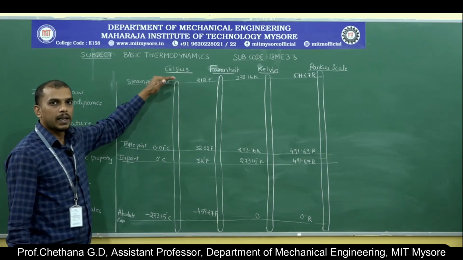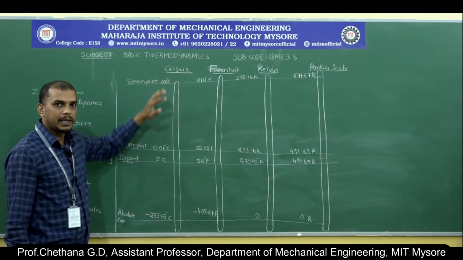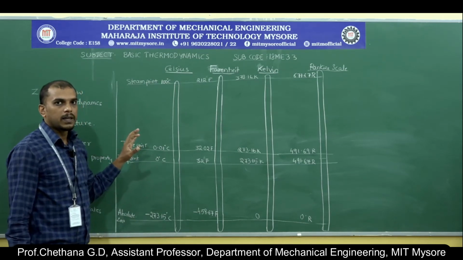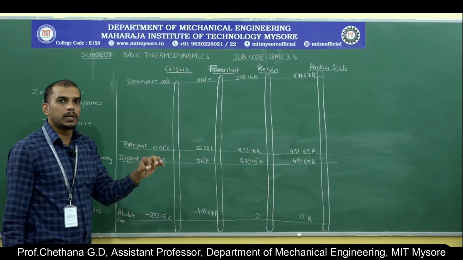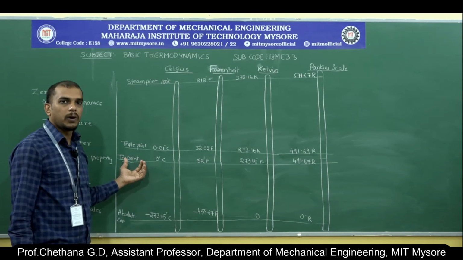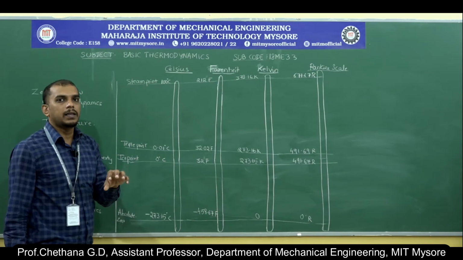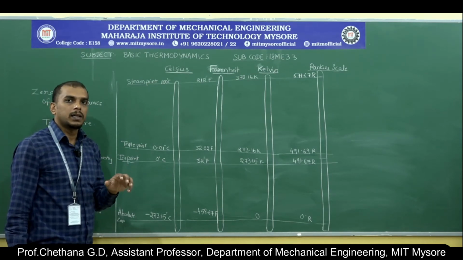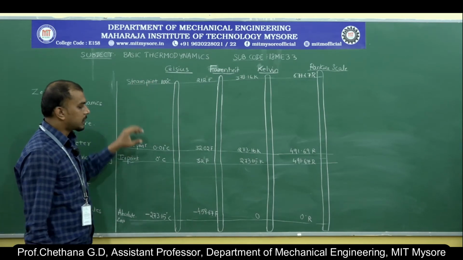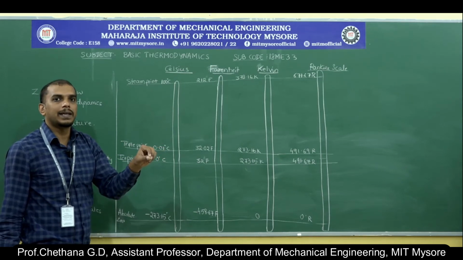The name of the scientist is Celsius, and when he kept his thermometer in the ice point, where pure ice and liquid water are in equilibrium, it read 0.